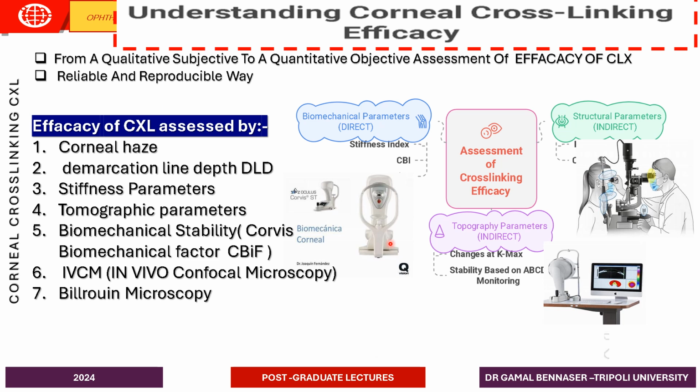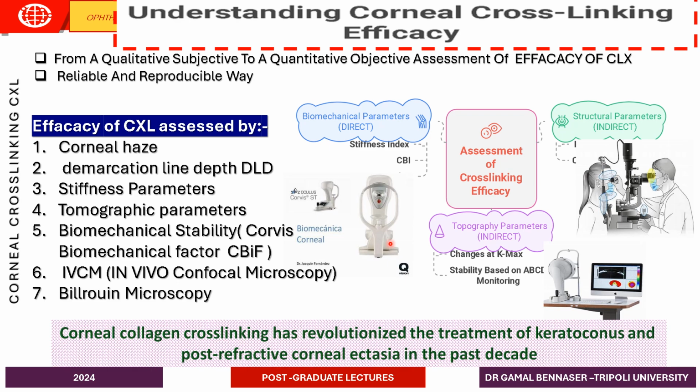So in our next discussion, we'll concentrate mainly on the different parameters that objectively quantify the stiffness of your cornea and can answer the question whether your cross-linking technique is effective or not.